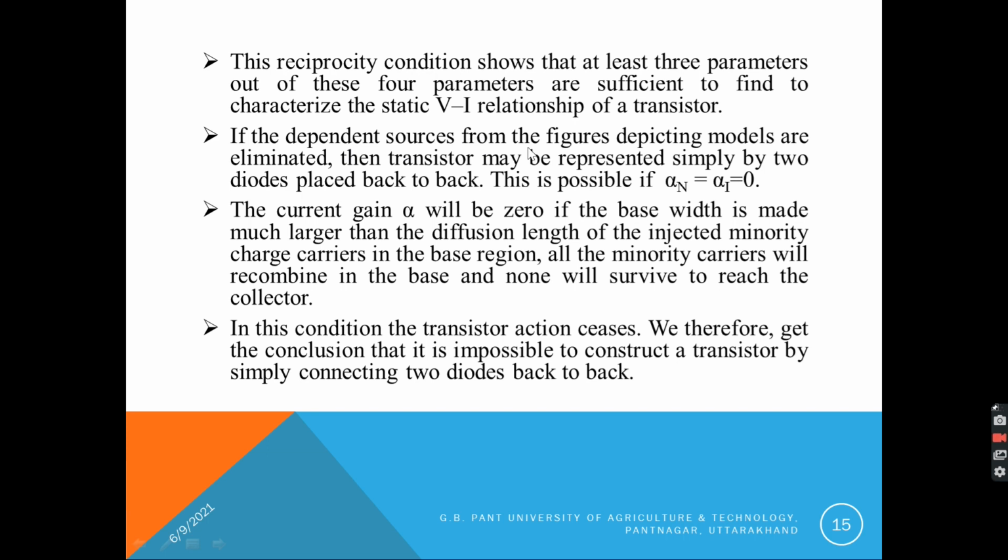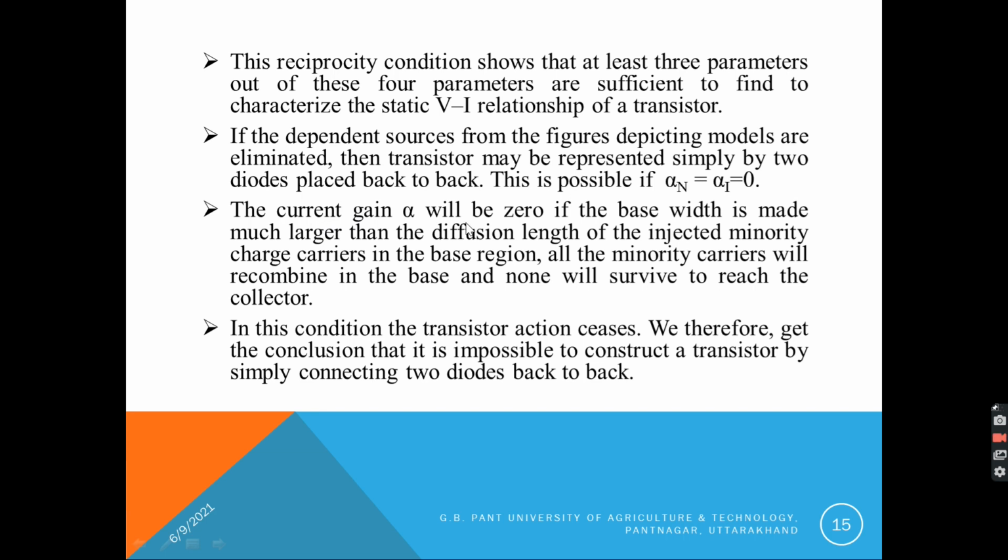If the dependent sources are eliminated from the figures depicting these models, then the transistor may be represented simply by 2 diodes placed back to back. This is possible if alpha N and alpha I are taken to be 0. Physically, how can this alpha be made 0?